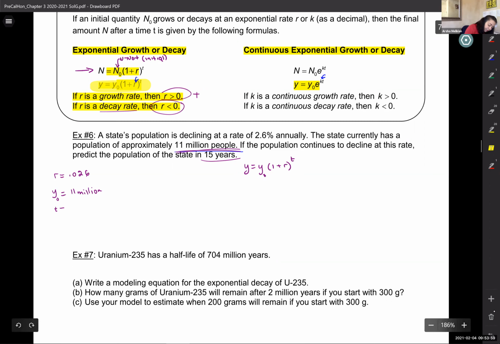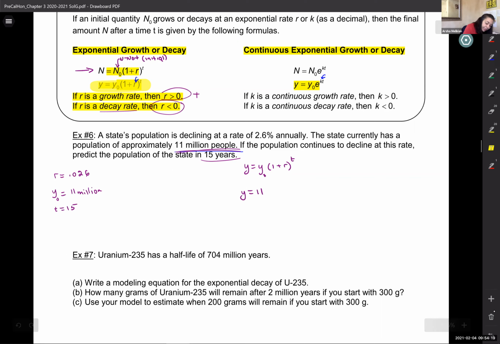And time is 15. Okay, so we want Y in 15 years. So we say Y equals just 11. Don't put the whole million in there, but keep in mind that your numbers are in the millions.